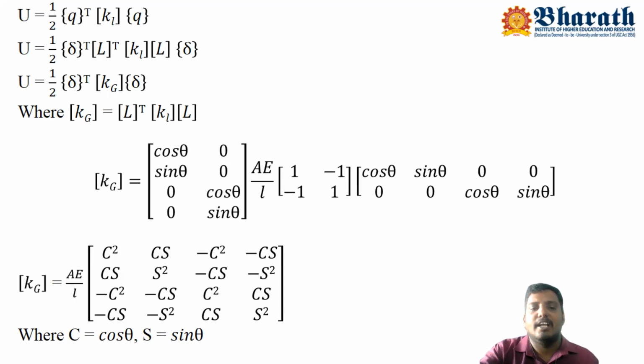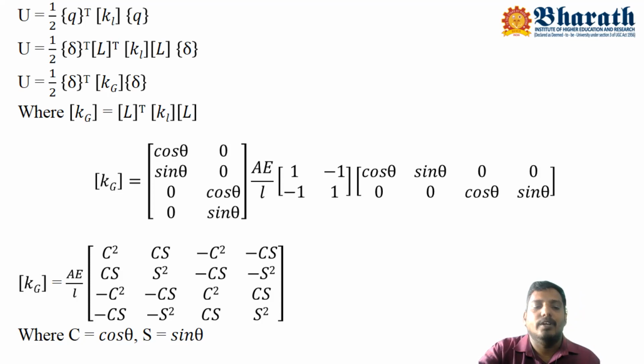Therefore, we know that L transpose means cos theta 0, sin theta 0, 0 cos theta, 0 sin theta, into KL, nothing but stiffness matrix due to local coordinate axis system, that will be AE by L 1 minus 1 minus 1 1. Then L is nothing but transformation matrix. We already derived cos theta sin theta 0 0 and 0 0 cos theta sin theta. Then we multiply all those things, we will get your stiffness matrix for a truss element.